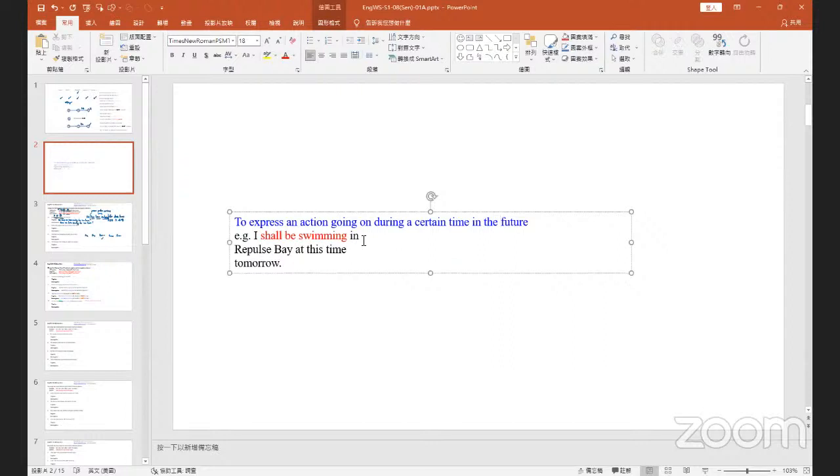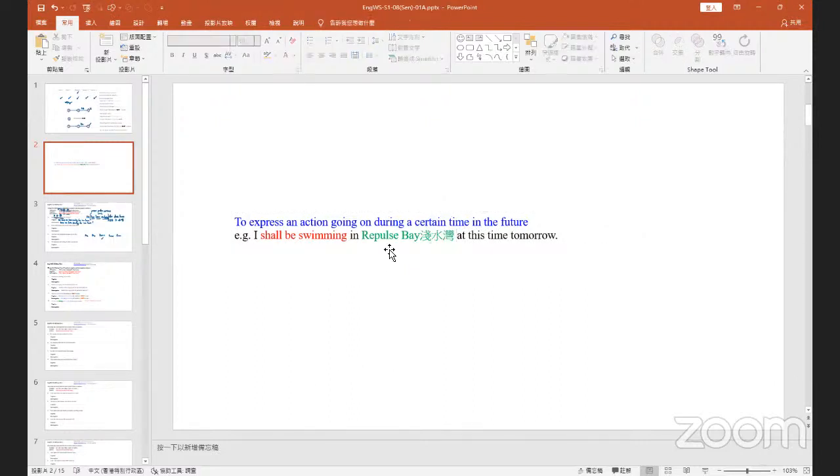For example, I shall be swimming in Repulse Bay at this time tomorrow. Repulse Bay. You know West Repulse Bay.